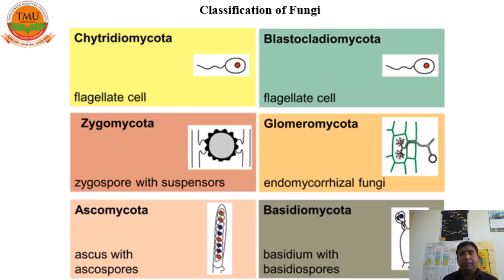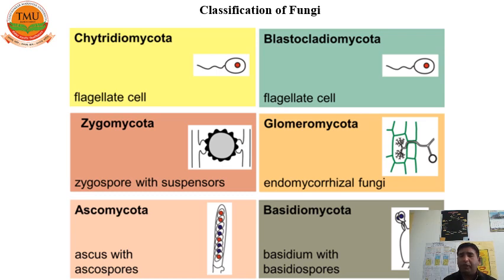Fungi can be classified into several groups. Here, some prominent groups are given, like Chytridiomycota, a group of slime molds; Blastocladiomycota, a group of unicellular flagellate cells; Zygomycota, the group of Mucor and Rhizopus; and Glomeromycota, the group of mycorrhizal fungi.